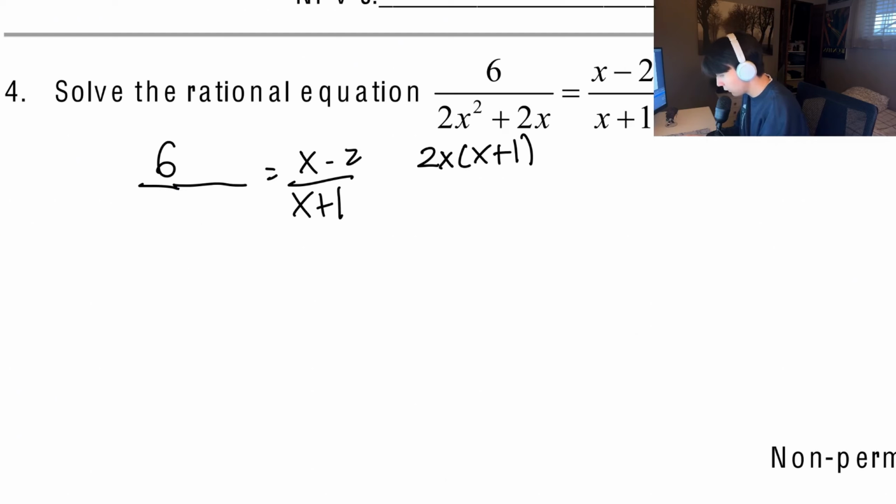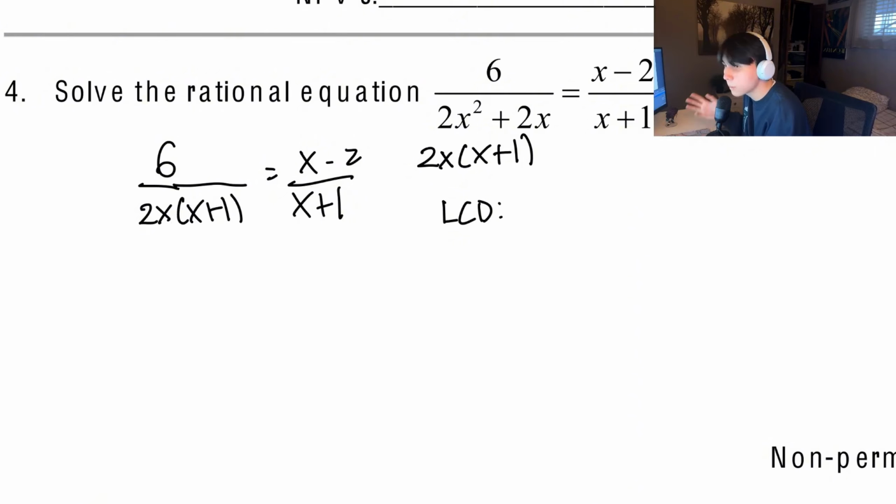So if you notice here, we have an x plus 1 already. So we have 2x(x + 1) is what this factors down into. Our LCD is going to be our lowest common denominator between these two. So this one has an x plus 1, and this one has an x plus 1.